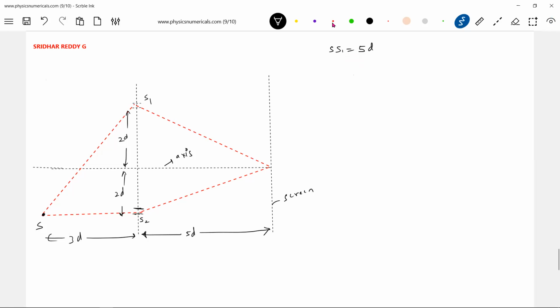So what is the path difference? Path difference after the slits is zero, so S2P minus S1P. Path difference before the slits is 5D minus 3D, which should be equal to n lambda, so 2D equals n lambda.